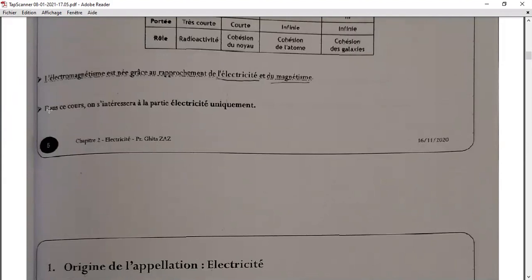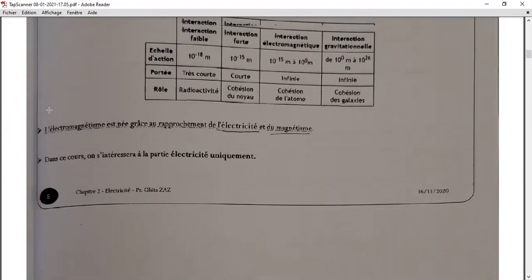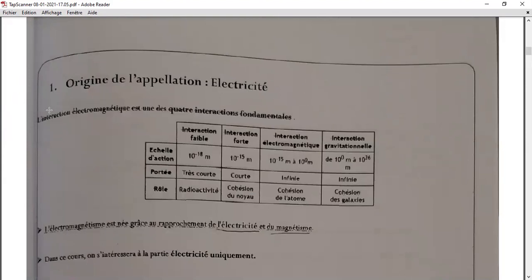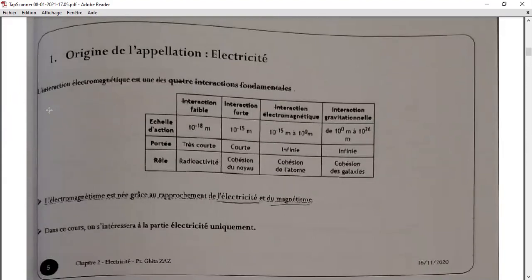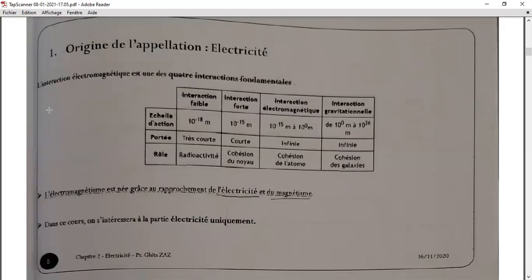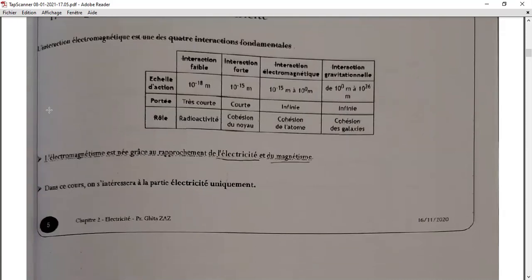So it's just saying that in this part, we're only going to be interested in the electricity part. That's just an introduction about the four fundamental interactions. Those are not really important; they are just to give you some knowledge about them.